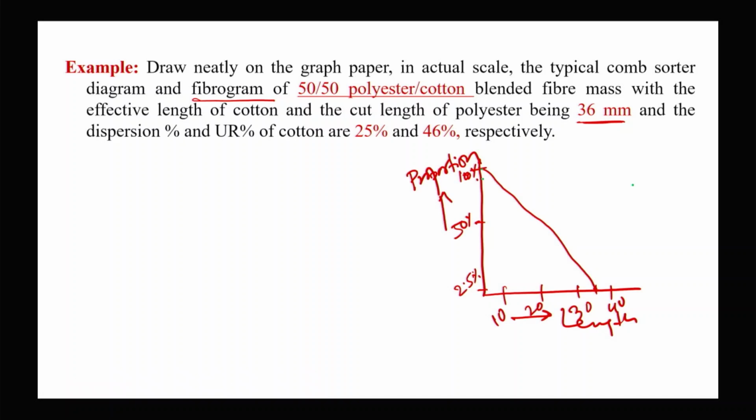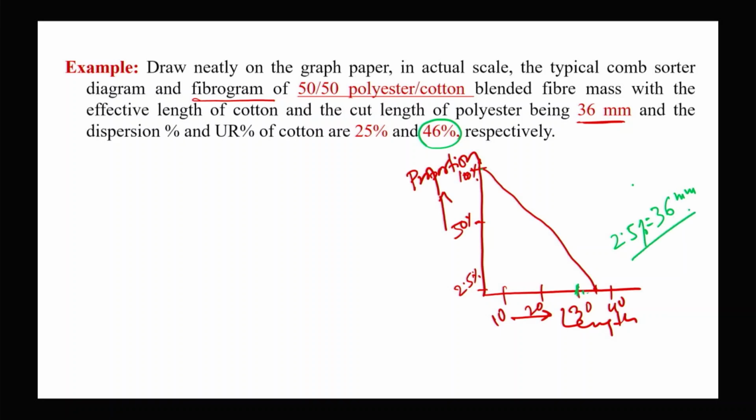For cotton with a uniformity ratio of 46%, while drawing the curve for cotton we should take care of this. So the 2.5% span length will be a little bit less than 36 millimeter. Let us say it is 30 millimeter. 2.5% is 30 millimeter, and this is a rough calculation.